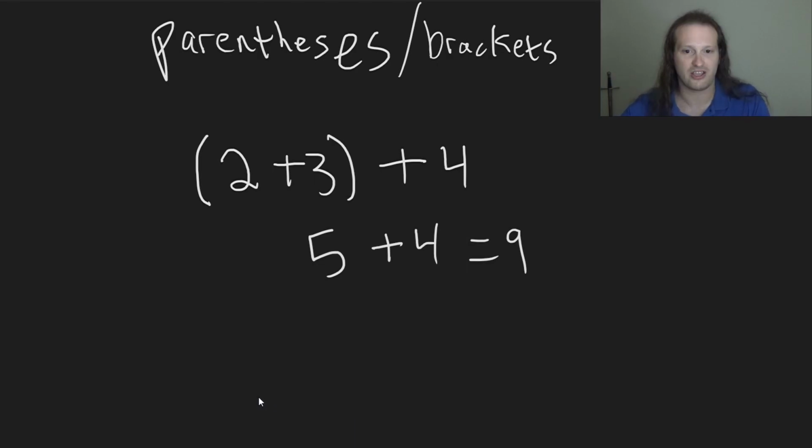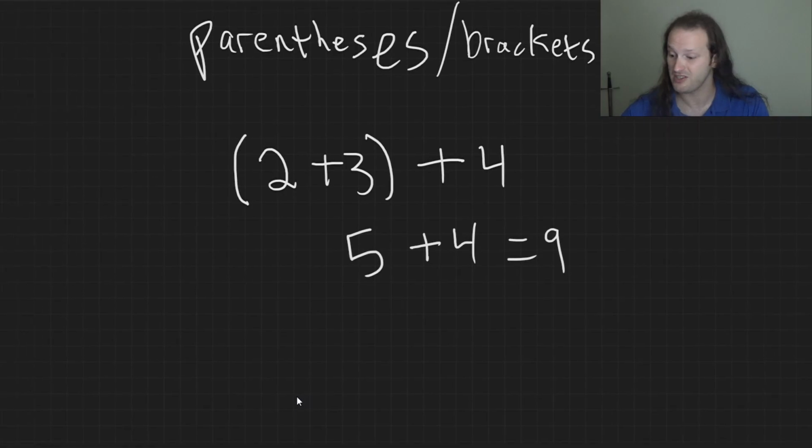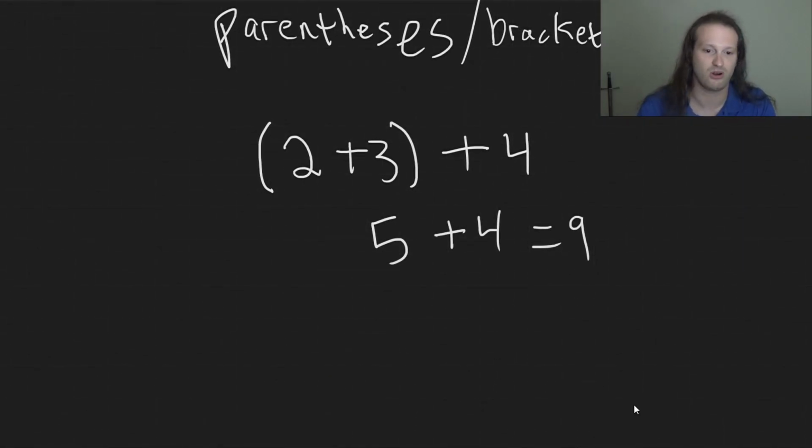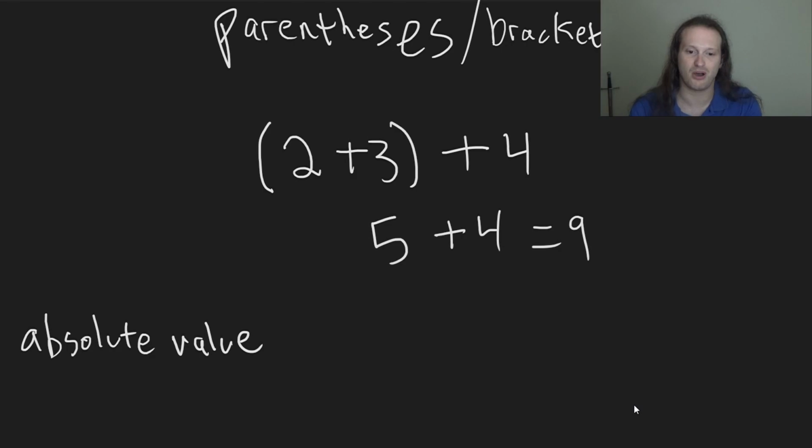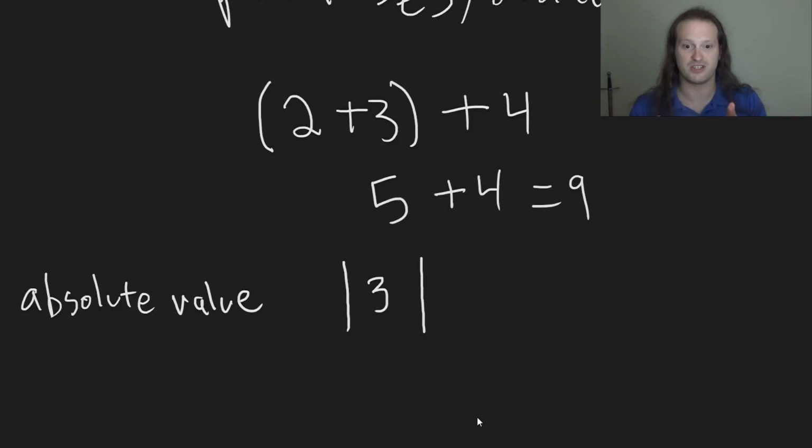There is a special type of parentheses, which I'm sure you've seen before, called absolute value. The bars kind of look like just long lines like this. And then we'll put some number inside. I'll say 3. Whatever's inside the absolute value bars, kind of like with the parentheses, you do everything you can inside. Then when you've got it down to a number like this, whatever's inside the bars, make it positive.